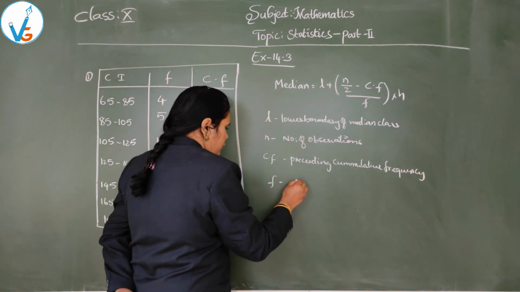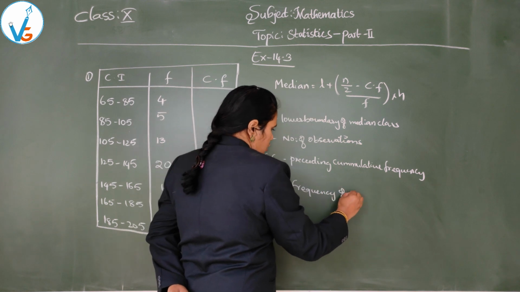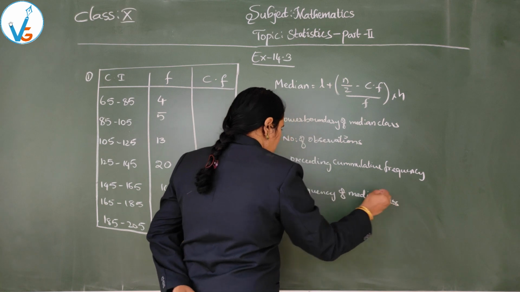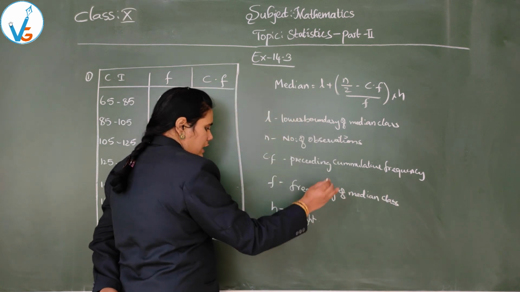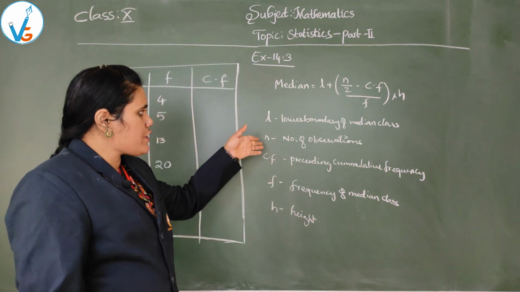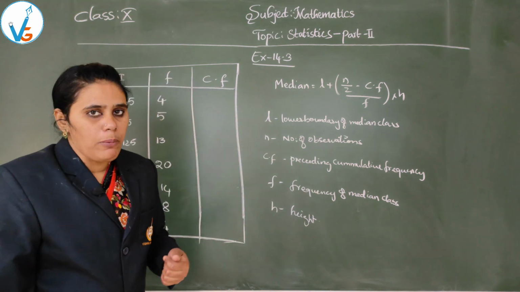F is the frequency of the median class. H is the height, class height or class size. I have explained all the terms used in the formula. Next, we will go into the problem.